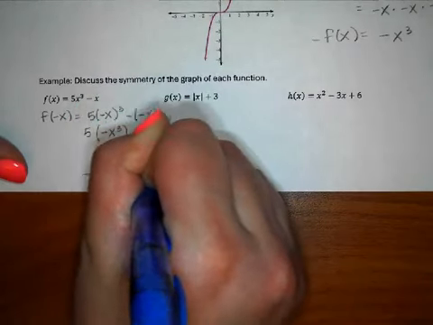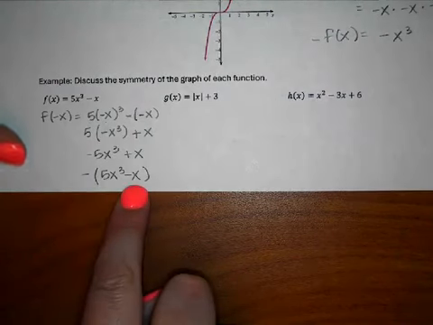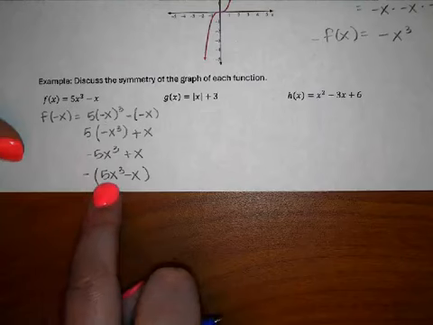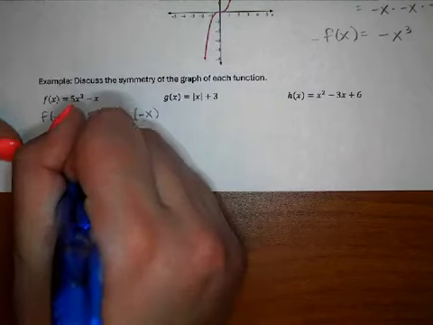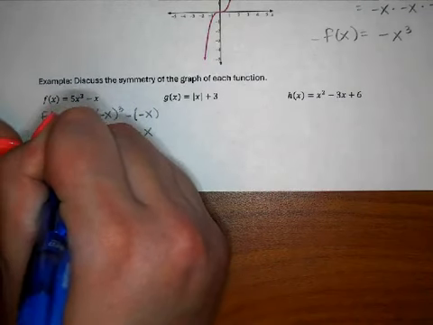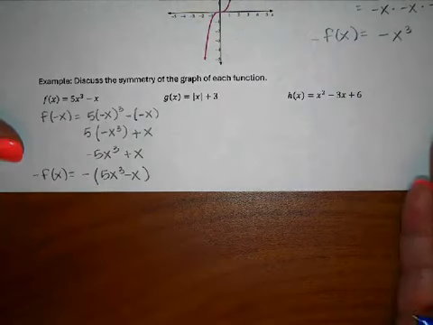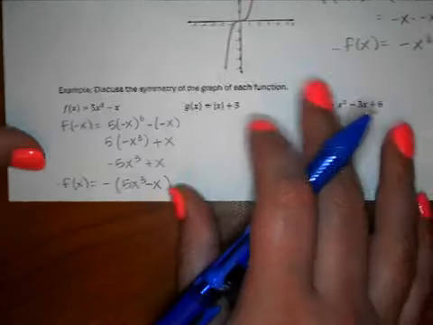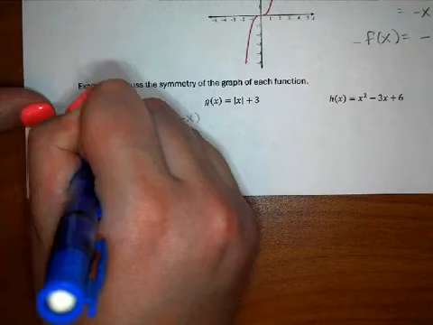So here's the function, and here's the negative version of the function. That means my conclusion is that this is an odd function, but that's not what they asked. They didn't say is it even or odd, but they could have. They said find the symmetry, and so this is symmetric about the origin. It's an odd function, so it's symmetric about the origin. Another way you would have been able to see that is by graphing it.